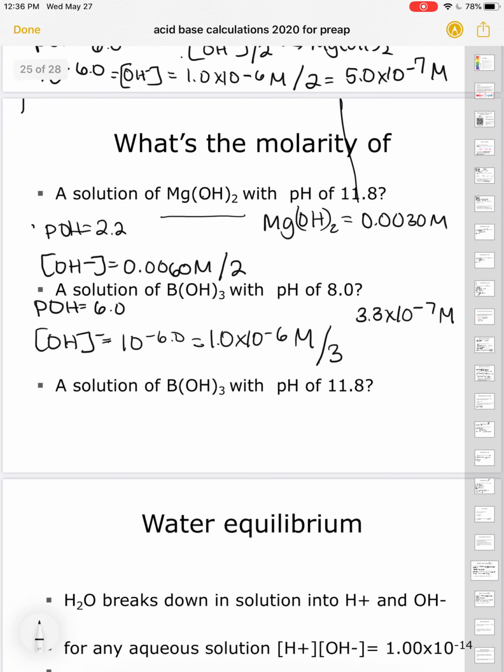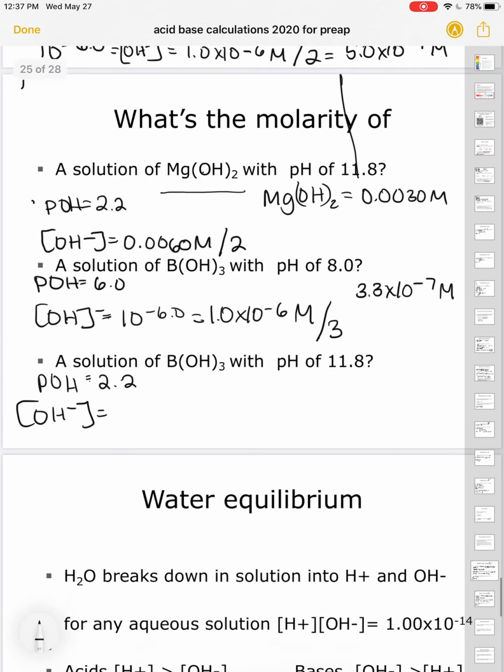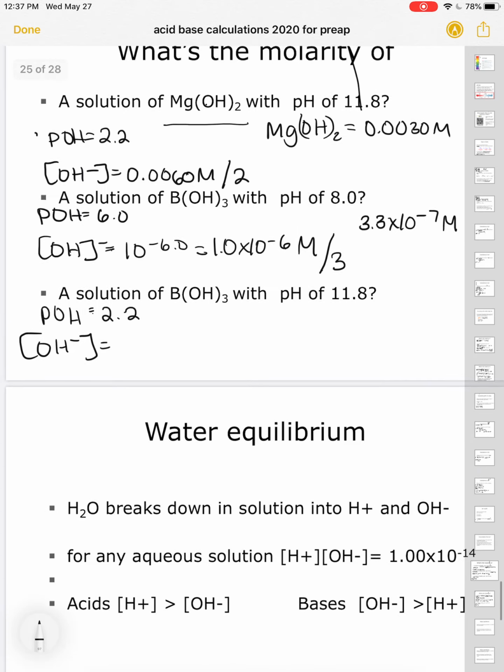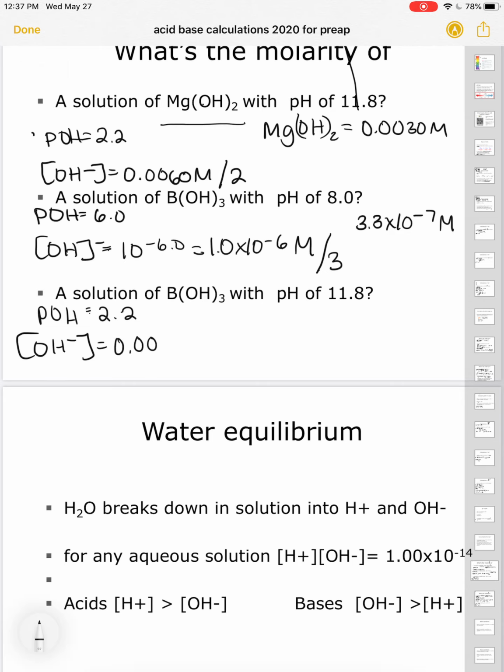Okay. If we've got BOH3 with a pH of 11.8, a pH of 11.8 gives us a pOH of 2.2. With a pOH of 2.2, our OH minus is going to be the same as up here, 0.0060.